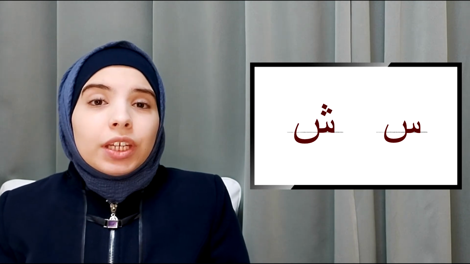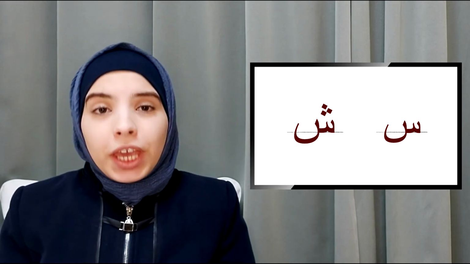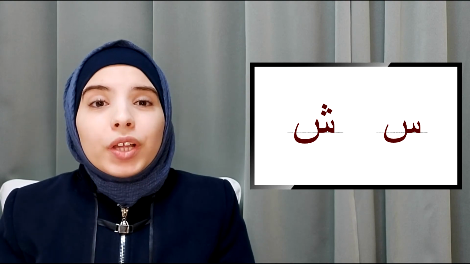Sin and Sheen. Sin and Sheen are very similar. Both of them are connectable and each one of them has 4 shapes. So let's learn their shapes at once. Watch carefully.